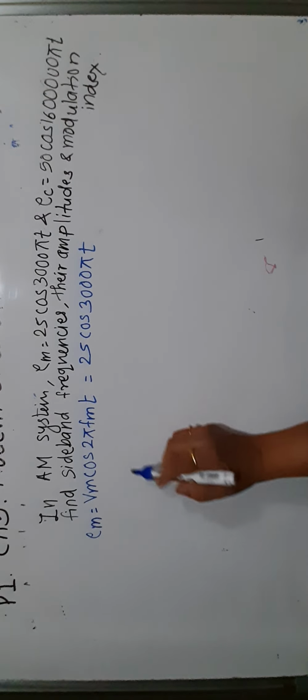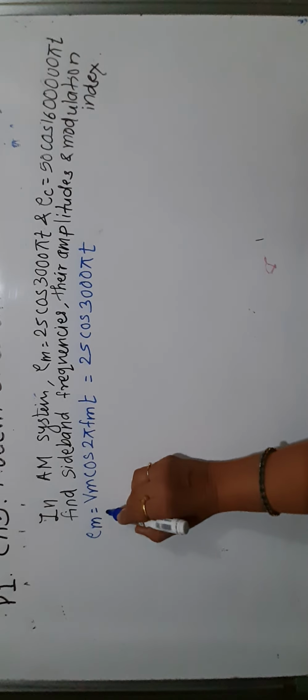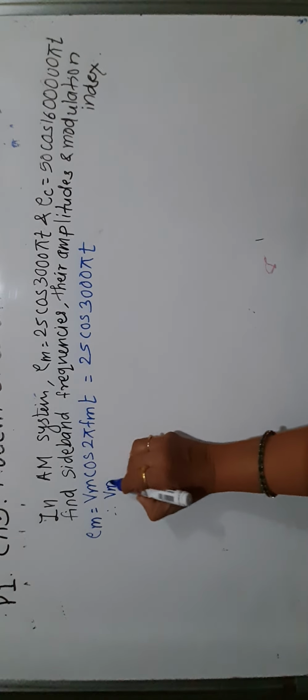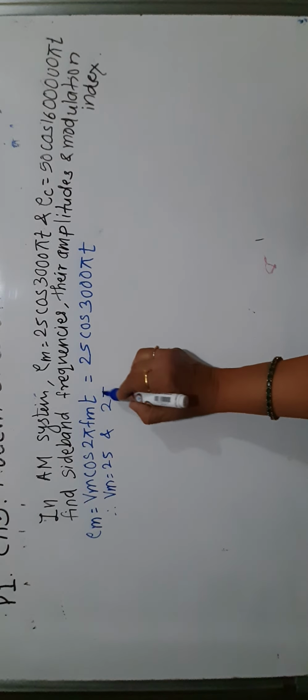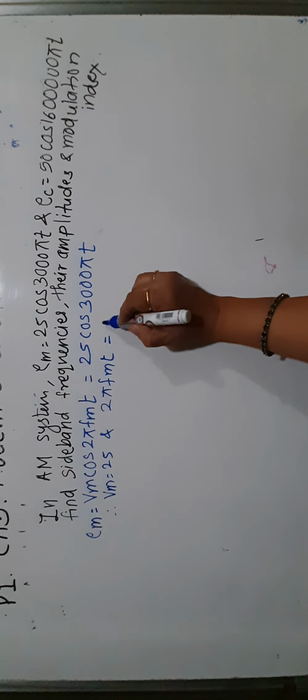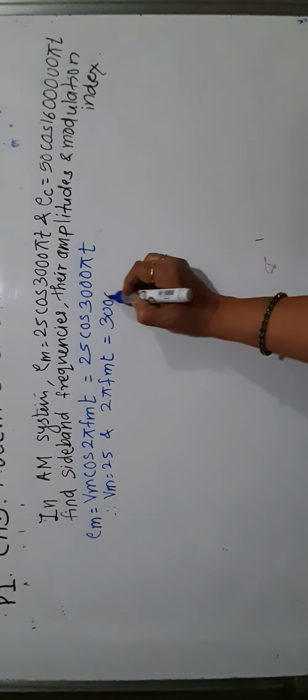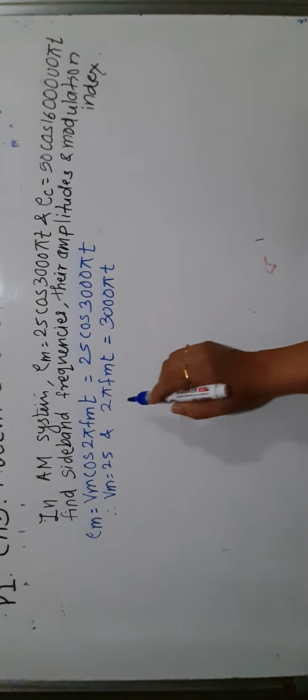Okay, so here we can see VM equal to 25 and 2 pi FMT equal to 3000 pi t.